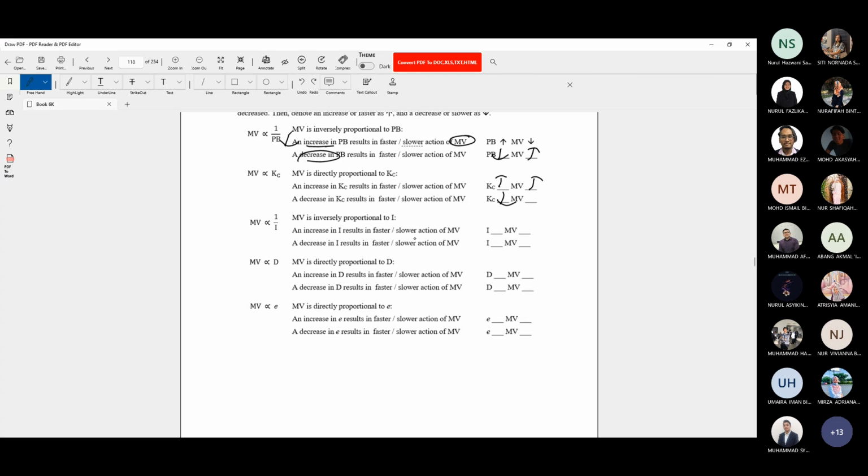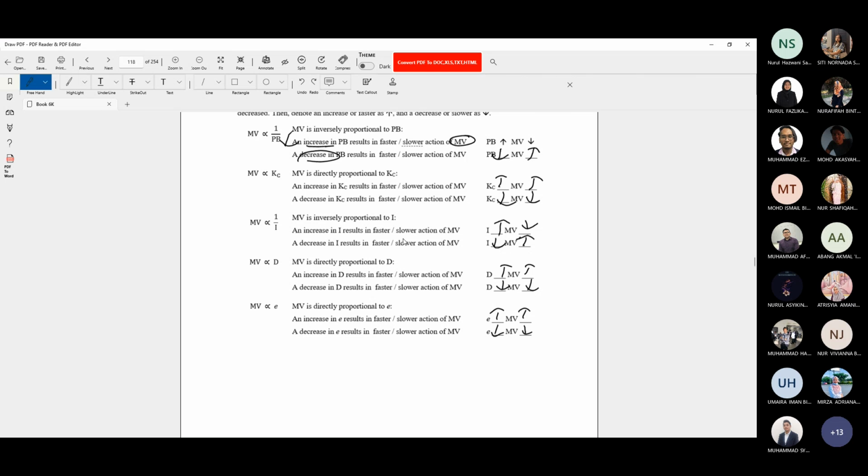KC decreases, MV also decreases. MV and I are inversely proportional based on the equation earlier. So when I increases, MV will decrease. When I decreases, MV will increase. The same goes for MV towards D and also MV toward E. Both are directly proportional. So D increases, MV increases; D decreases, MV decreases. E increases, MV increases; E decreases, MV decreases. Can you understand this?